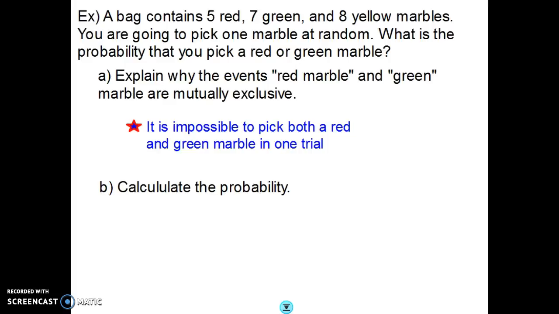Now when it comes to calculating the probability, that ends up meaning that to find the probability of getting a red marble or a green marble, we just have to find the probability we get a red marble and add that to the probability that we get a green marble. Well, the probability of getting a red marble is 5 out of, let's see, there are 20 total, so 5 out of 20.